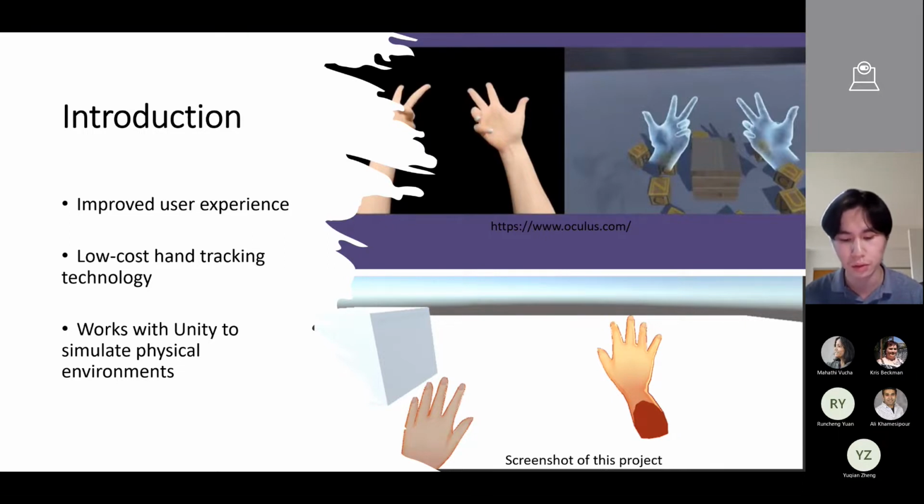My goal is to develop a low-cost hand tracking solution using a camera, together with Unity to simulate the physical environment and manipulate the virtual hand model to show grasping, control, and other functions.